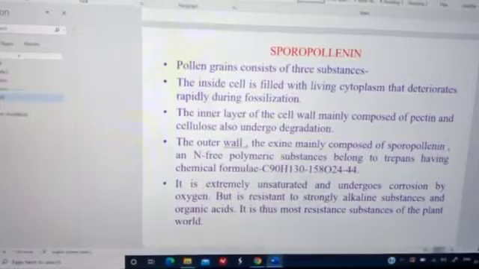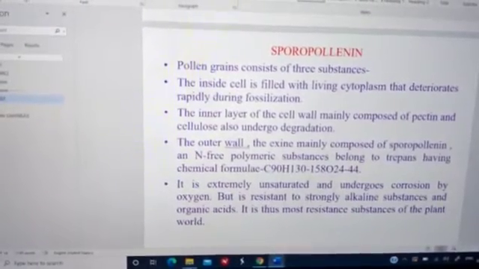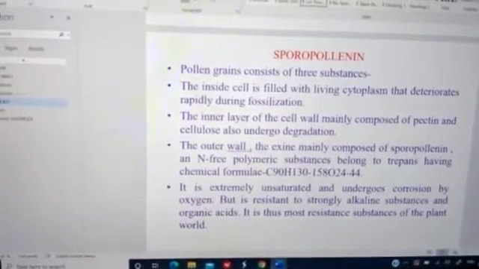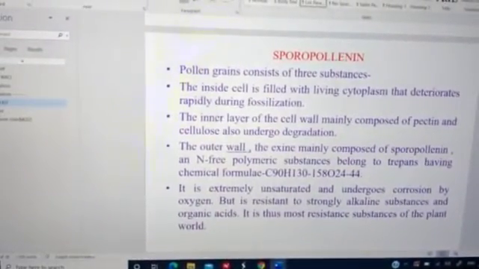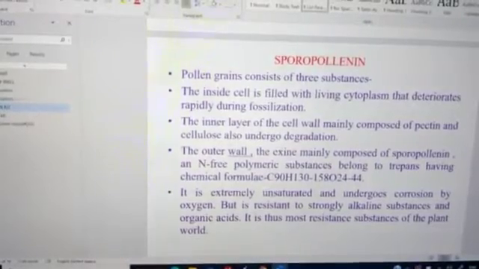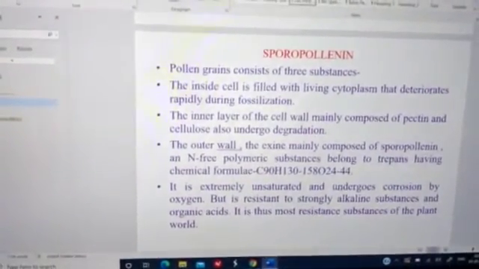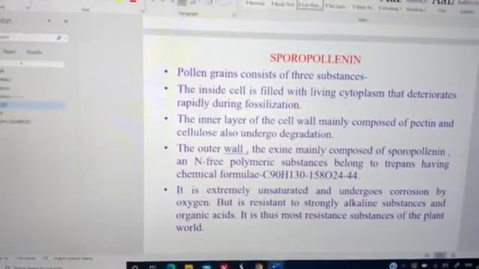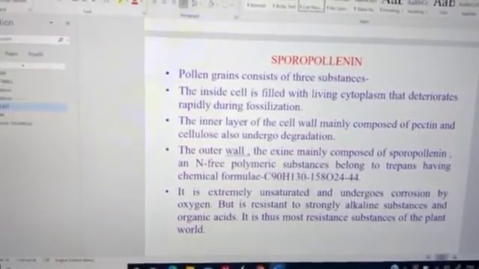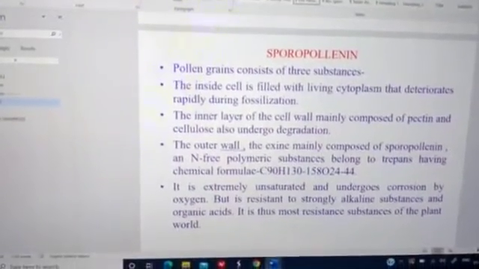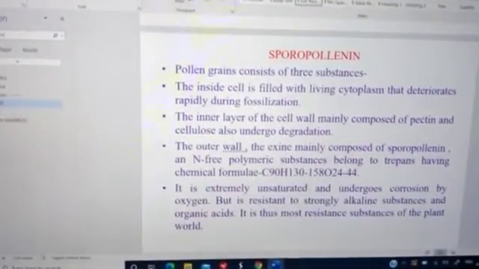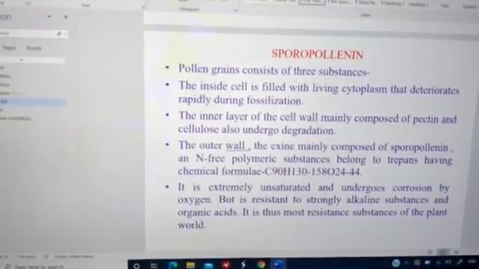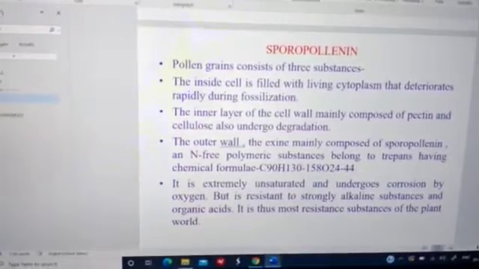And the outer wall, the exine, is mainly composed of sporopollenin, a nitrogen-free polymeric substance belonging to the terpenes. It is highly unsaturated and undergoes corrosion by oxygen, but it is resistant to strongly alkaline substances and organic acids. So it is the most resistant substance of the plant world.